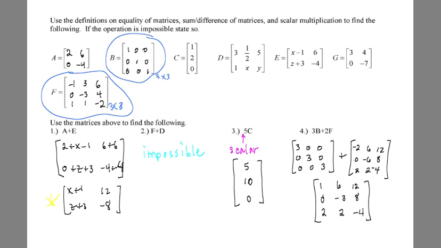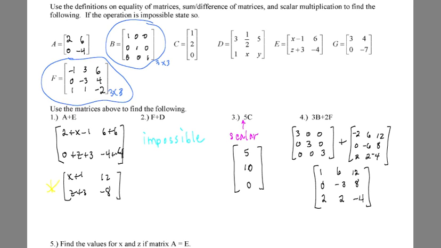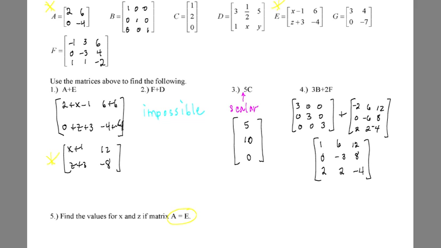Let's look at the next operation. Oh, matrix equality. If matrix A is equal to matrix E, and let me erase that part. Okay, so we're saying A is equal to E. Here's A, here's E, and if those two matrices are equal, can we find the values of X and Z?